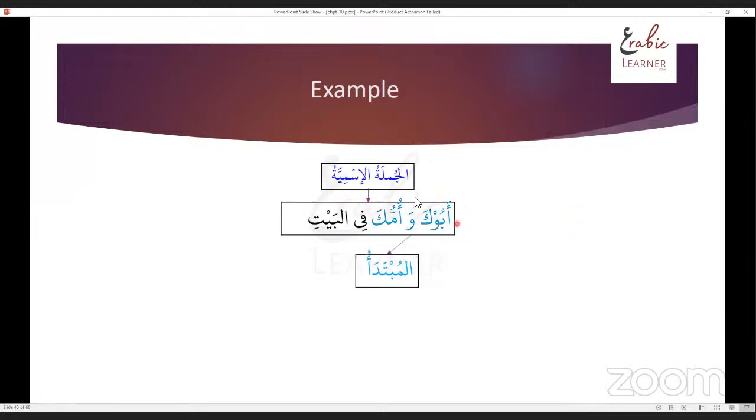And this whole thing is mubtada. And what is fil bayti? What is fil bayti? Mutalik bil khabar. Good. Fil bayti is mutalik bil khabar. Good.